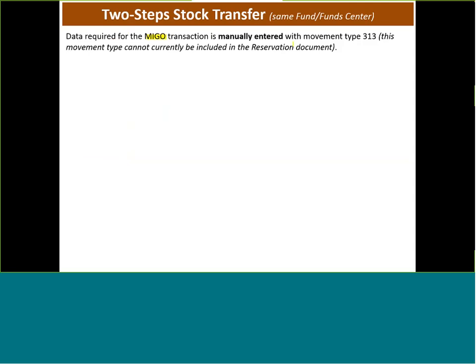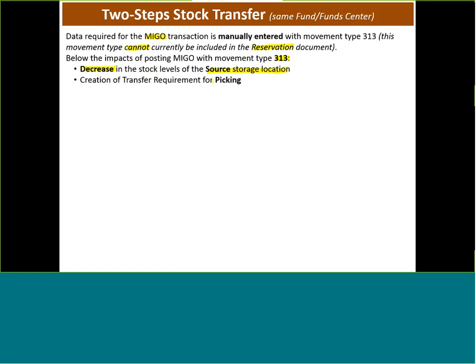So we cannot use 2 steps stock transfer using reservation. So after posting MIGO with movement type 311, the stock at the source storage location will decrease. All right, and the system will automatically create a requirement for picking.